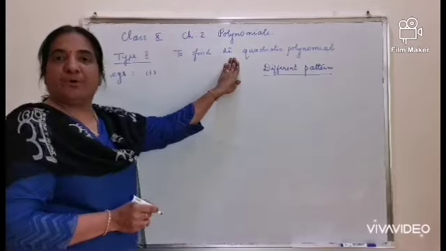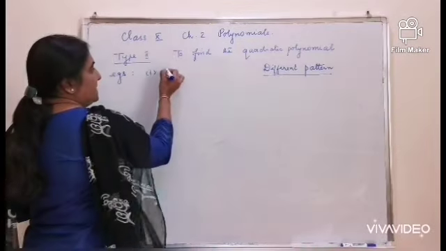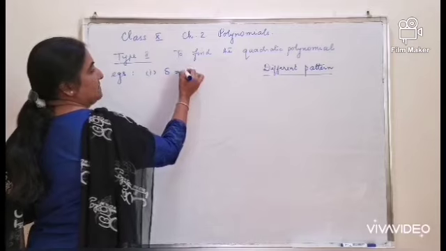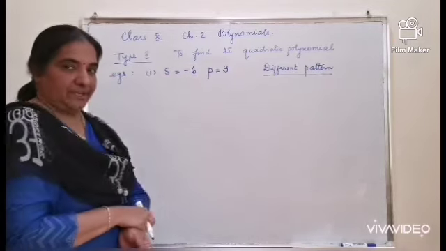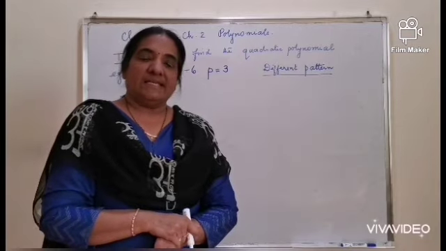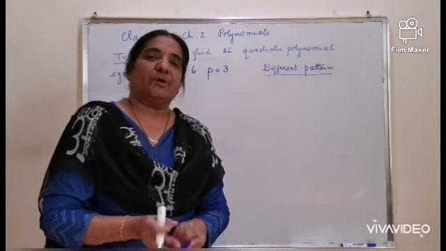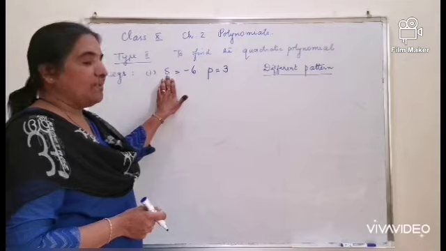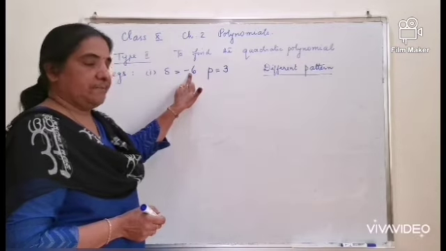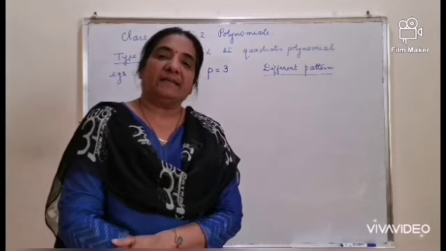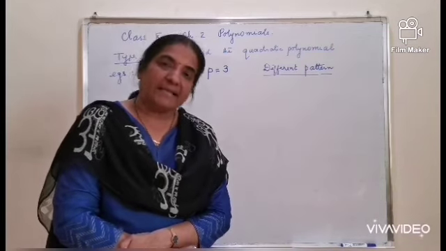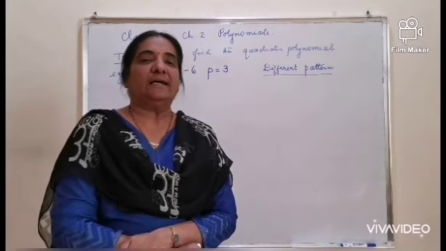find a quadratic polynomial whose sum of zeros is -6 and product of zeros is 3. This is a direct question and a direct application of the formula.